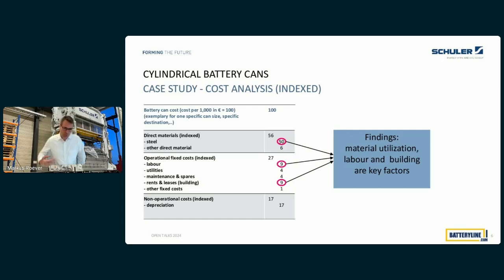But when we focus on the production process itself, I would suggest focusing on the material, how to bring up the utilization of the material, and how we can reduce the labor cost, which means the number of operators, and also the footprint of the production unit to reduce the construction cost. So in my opinion, these are the key factors. Let's move on.